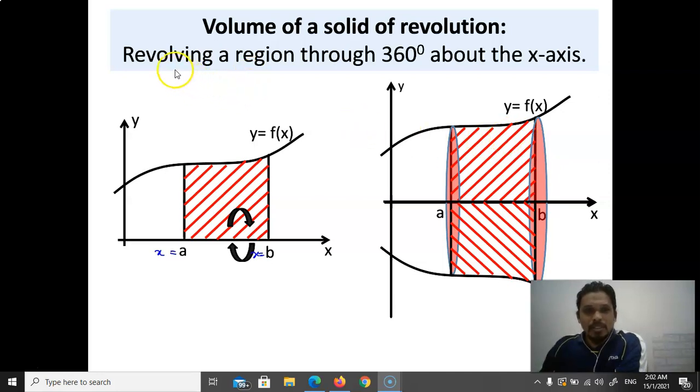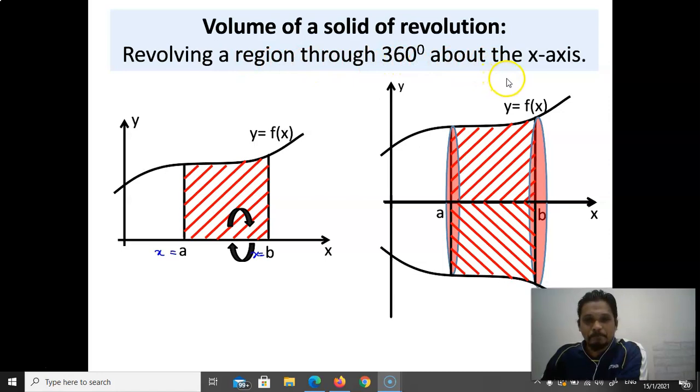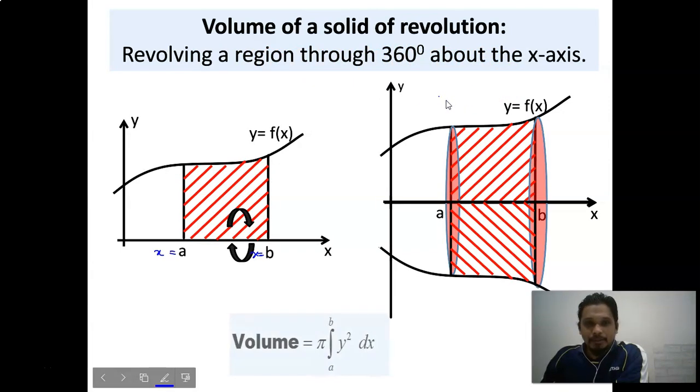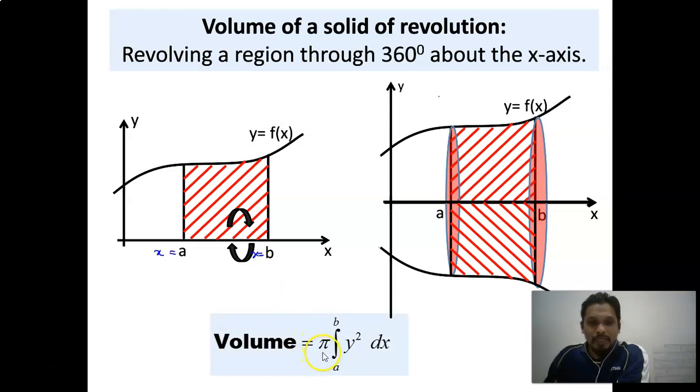Revolving a region through 360 degrees about the x-axis, the formula of the volume equals pi integral of y squared dx.